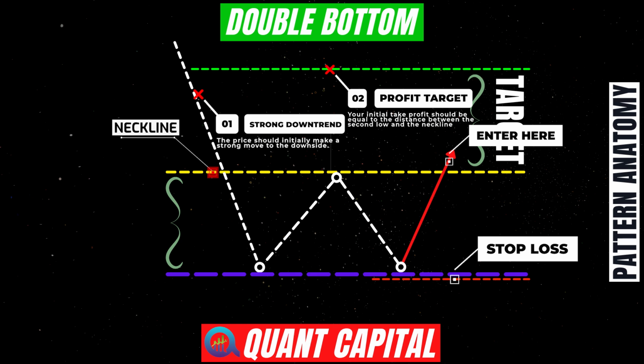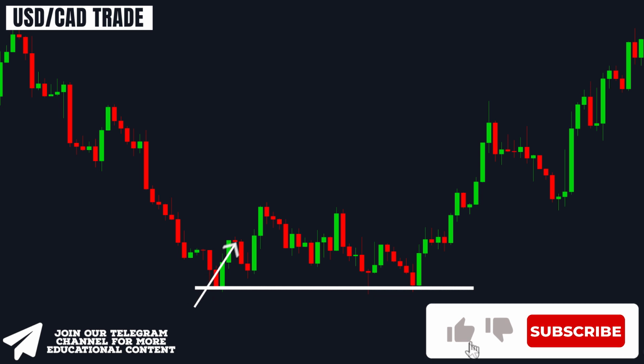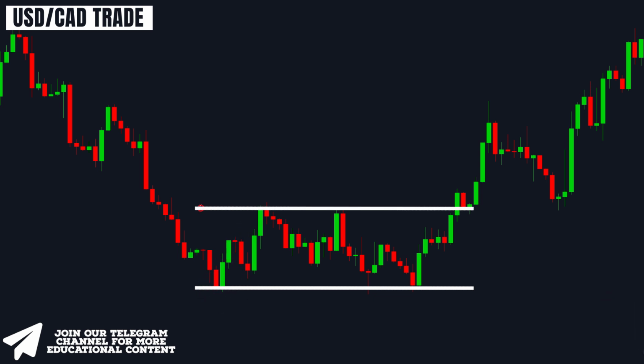At this point, let's see an example of the double bottom. Here's CAD. So, we have a drastic downtrend right here as the price trends down. The price then faces a significant support level and pulls back to the upside, forming the first low and the neckline. The price tests the neckline once again and falls to the support level, forming the second low.